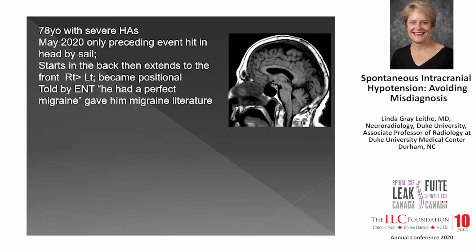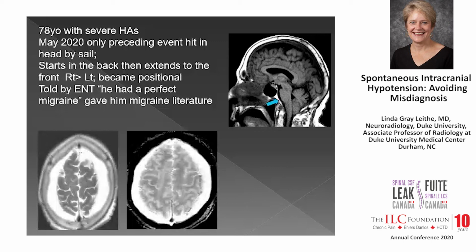Well, his daughter happens to be an infectious disease doctor at Duke who's very busy right now with COVID. And she looked at his imaging studies and talked to some people, and they thought maybe he actually had intracranial hypotension. And you can see here he's got bilateral effusions, and he's got dural enhancement.